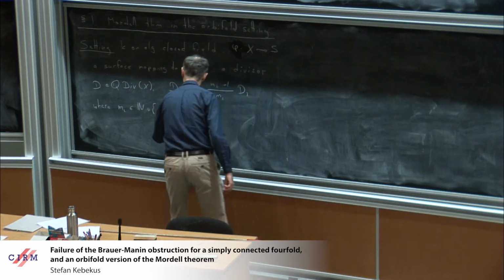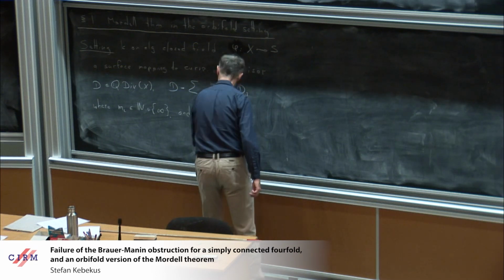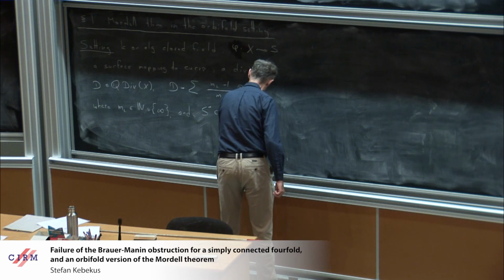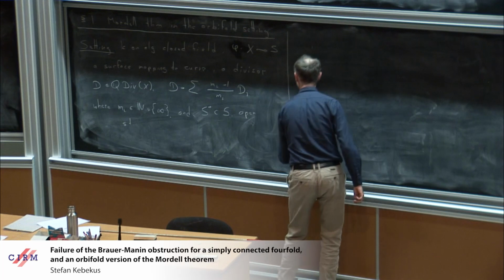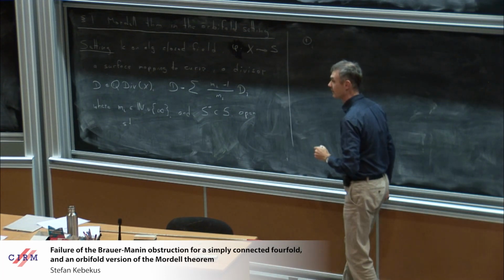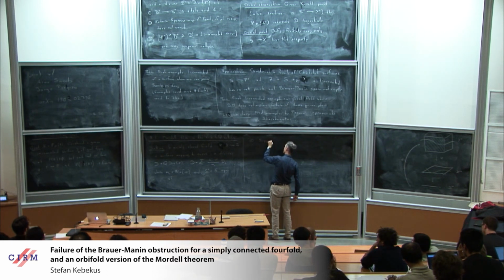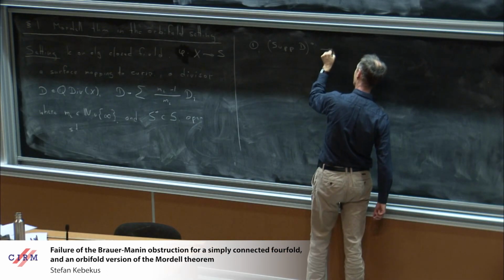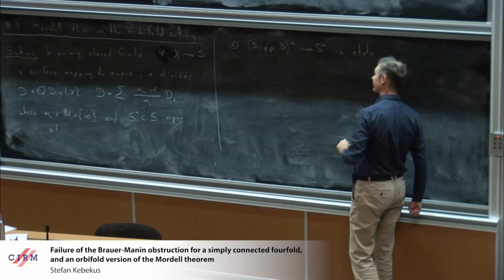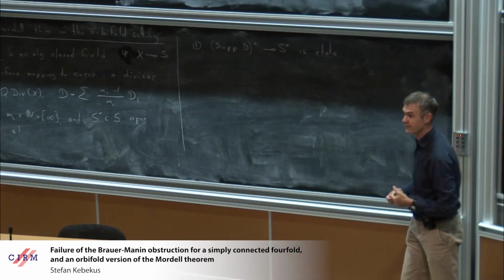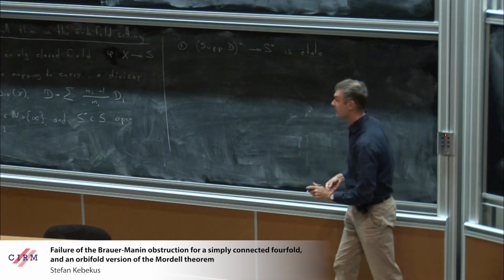And I also want an open subset such that the following holds, namely, first, I have the support of D over S naught is etale. So in particular, the components of D are smooth points over the function field.